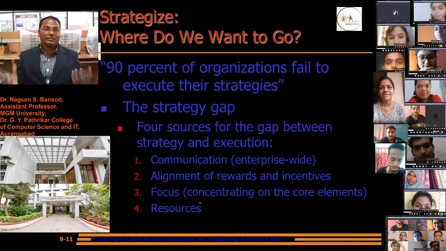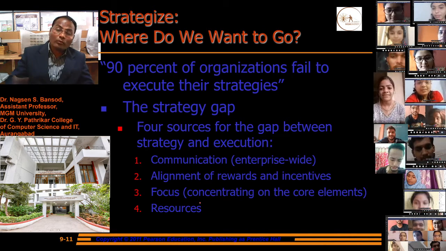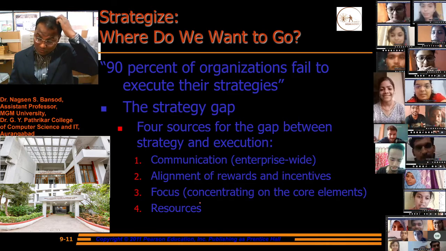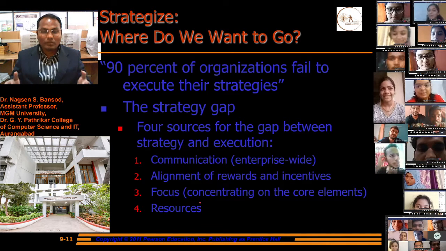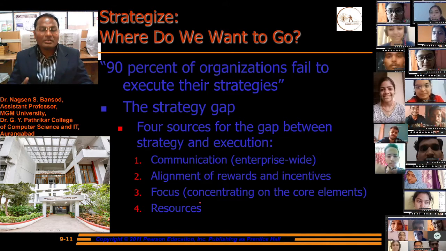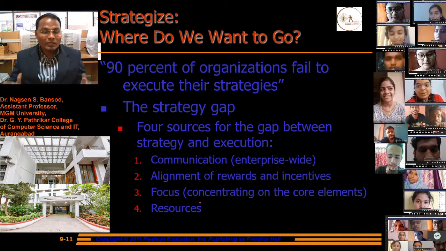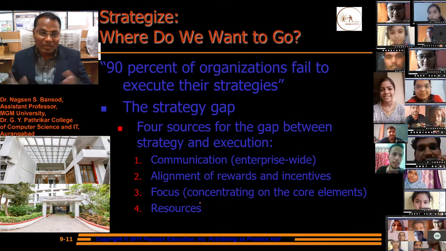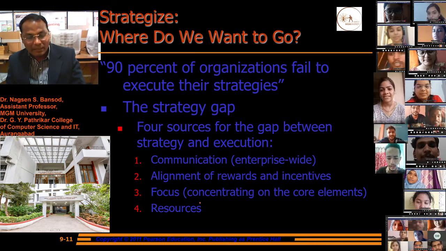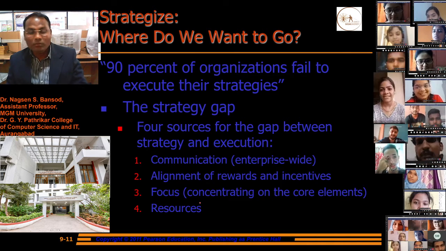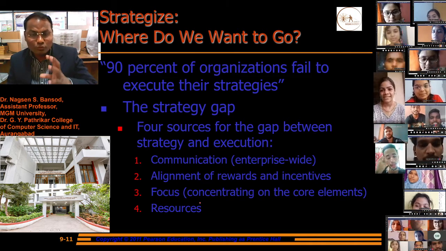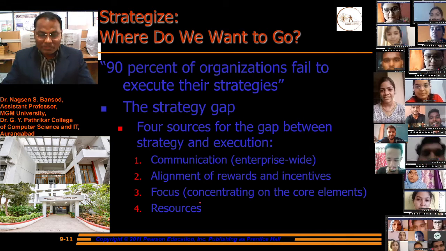Resources: we need the resources. There should not be a gap in the resources. Suppose in this era computer businesses are going on in companies, and robotics and drone technologies are working. In that case, we also have to adopt the technology and use those resources for our business purpose.